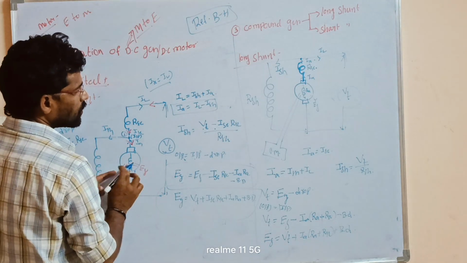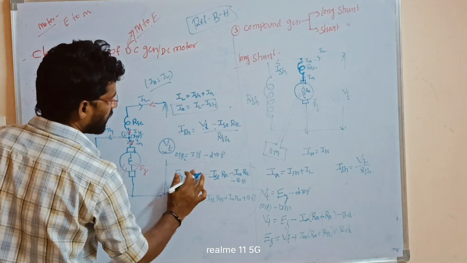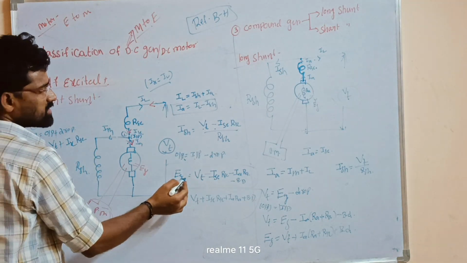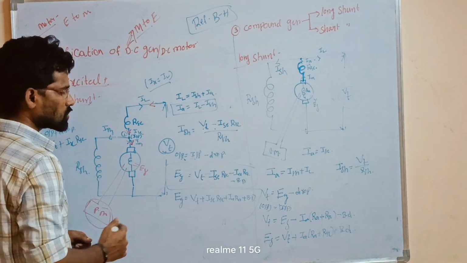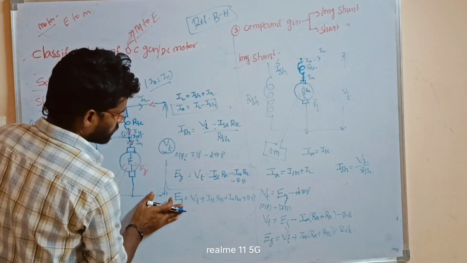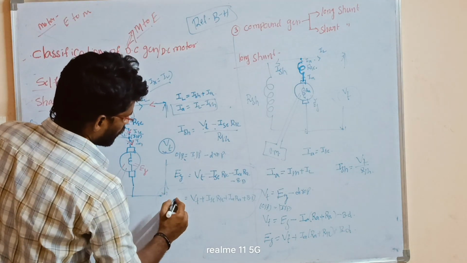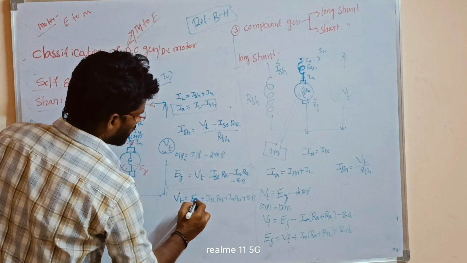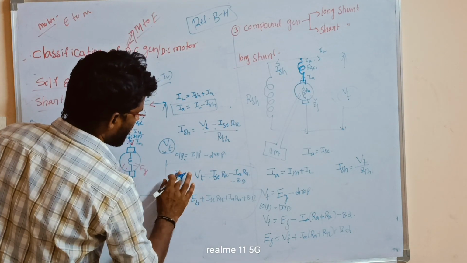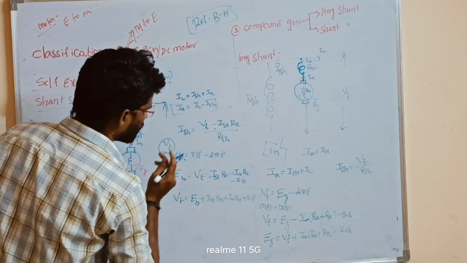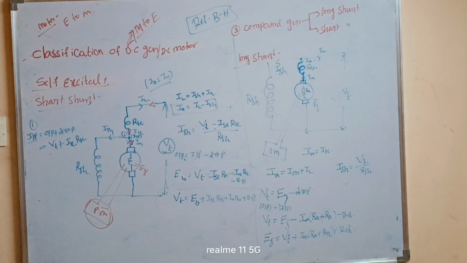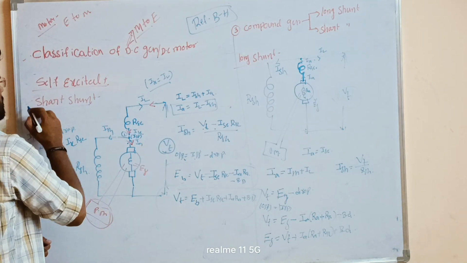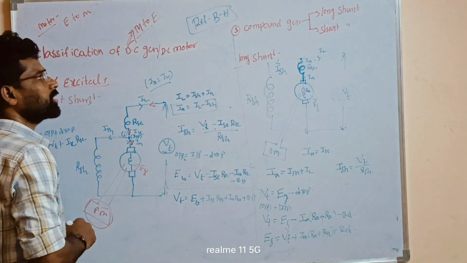What is the input? Input is equal to terminal voltage VT. So EG is equal to VT minus drop. Again we can write VT is equal to EG, which we can take as back EMF, so EG is equal to EB and VT is equal to EB plus drop. So this is nothing but the short shunt motor.